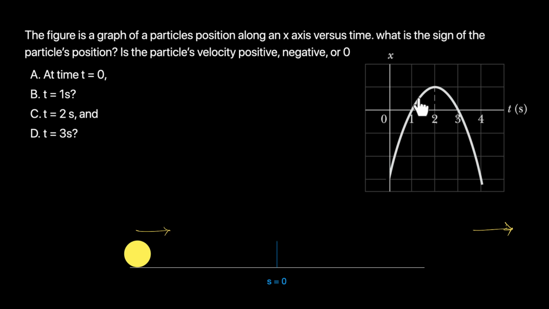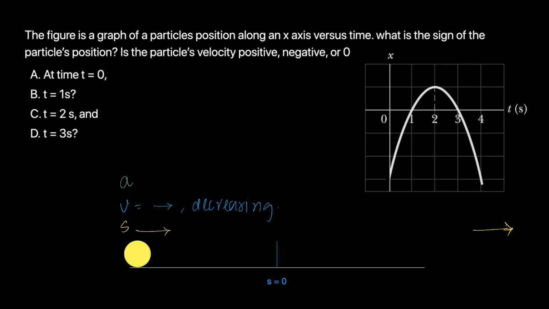Why? To start off, let's talk about the velocity. Distance is moving like that. Velocity is also moving like that, but it's decreasing. And that tells us that the acceleration is against the velocity because it's decreasing.